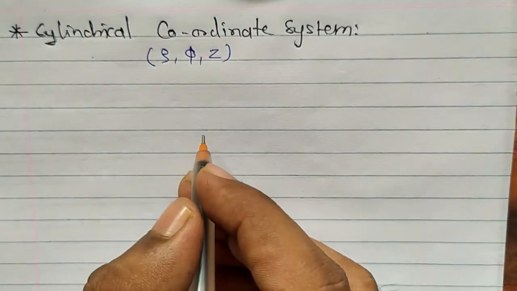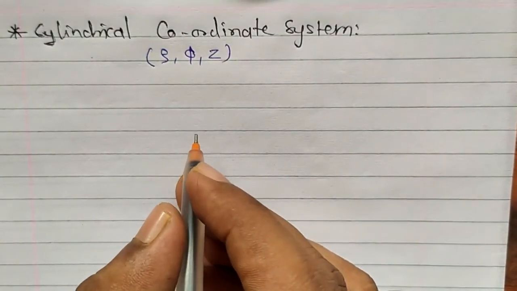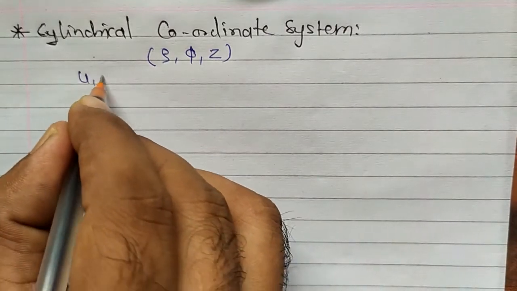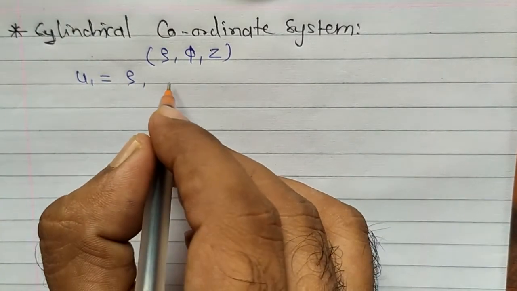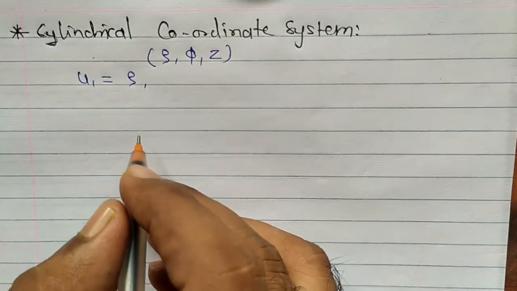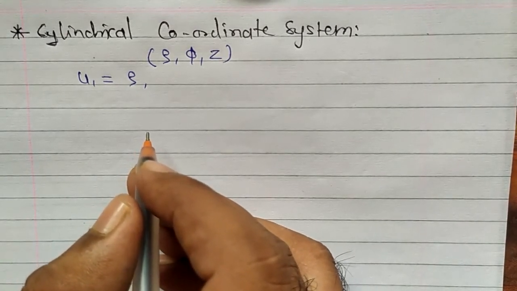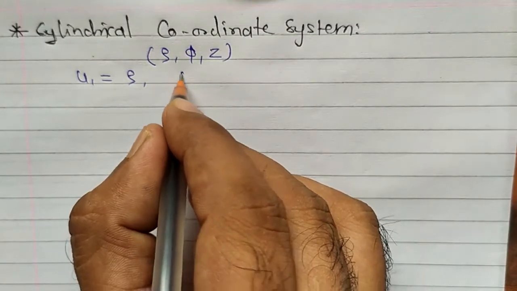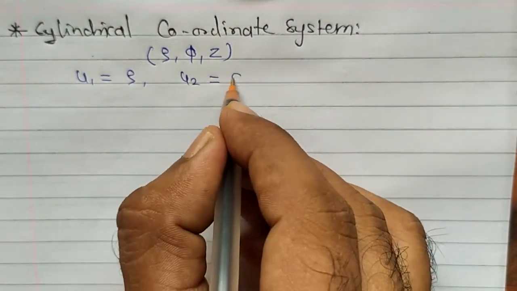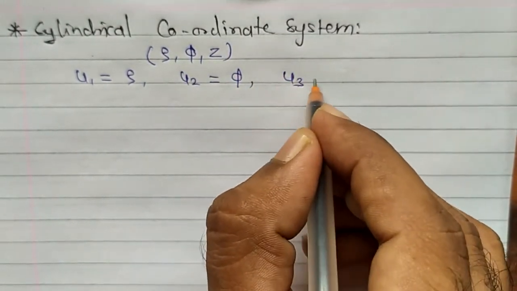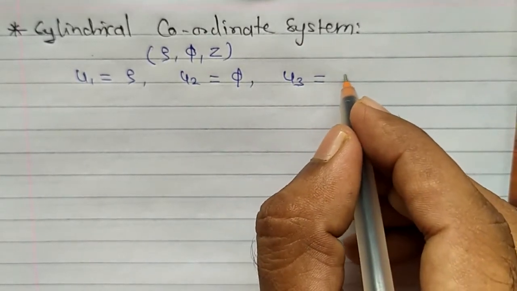Then I can say that u1 is rho, right? u1 is the coordinate of the curvilinear coordinate system, or more specifically the orthogonal curvilinear coordinate system. Then u2 is phi, and u3 is equal to z.